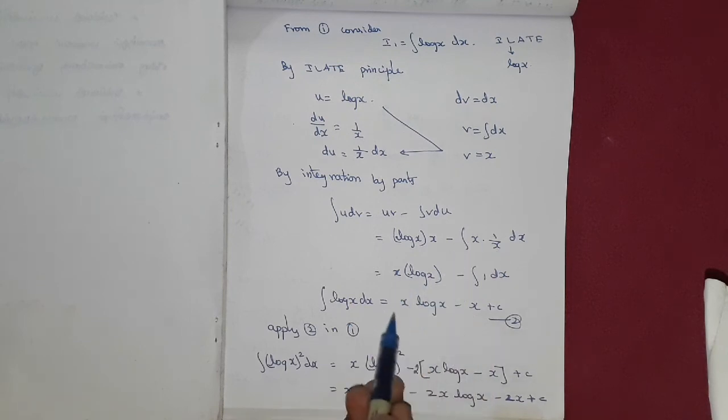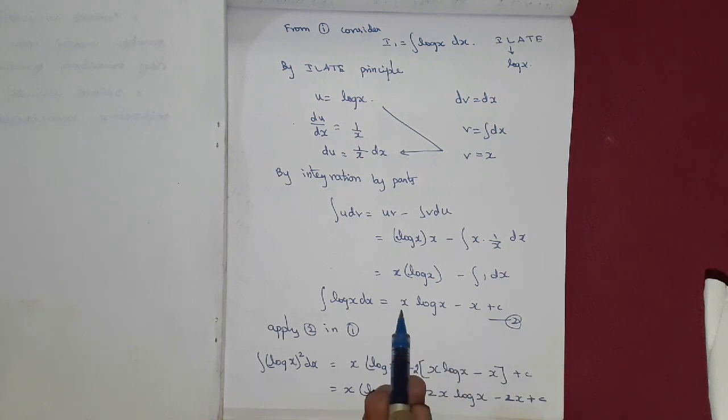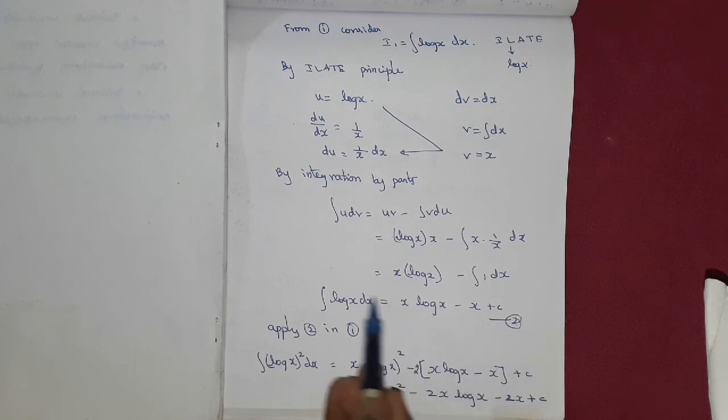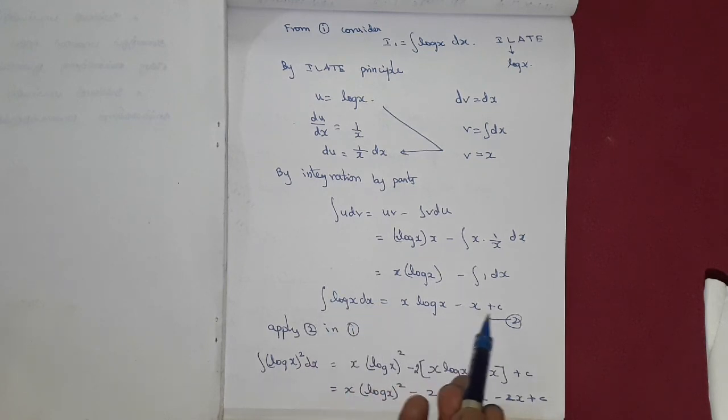This x cancels. So 1 into dx. So x log x minus integral 1 dx. Whenever you integrate a number, the answer is number into x. So when you integrate 1, it is 1 into x, so 1x. So minus is there, minus. So x log x minus x plus c. So the integral log x dx answer is x log x minus x plus c.